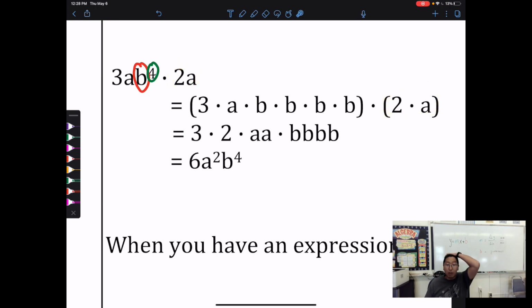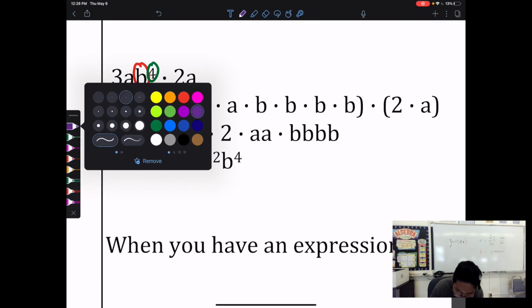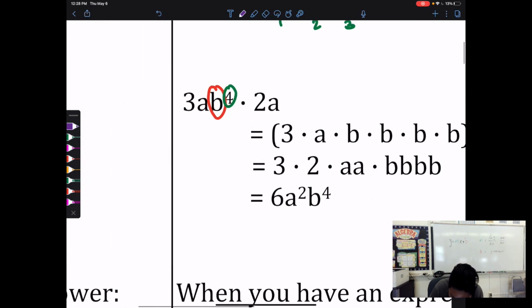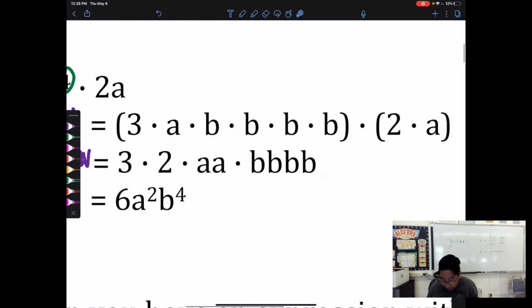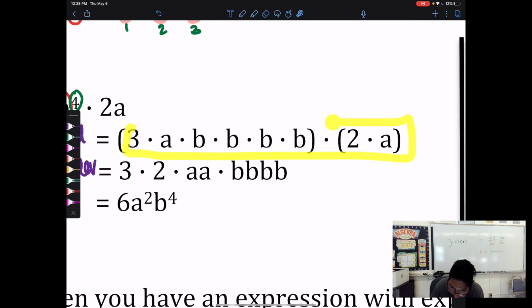So the first step, if you remember, is to expand. I'm going to write down right here, 1, expand. The next thing we do after we expand is to reorder. Everything on the top that we expanded is going to be accounted for in this reorder section.